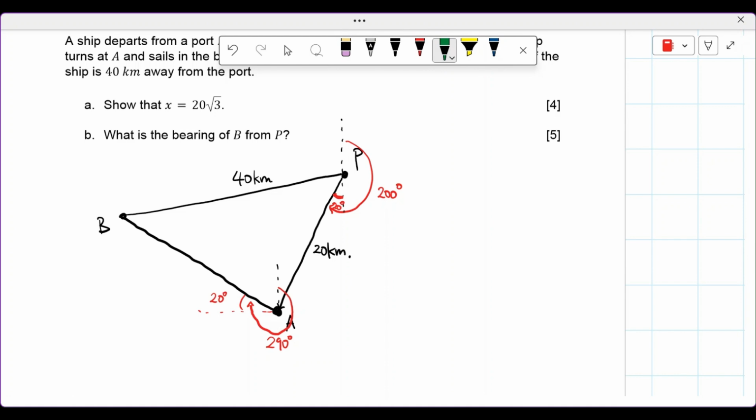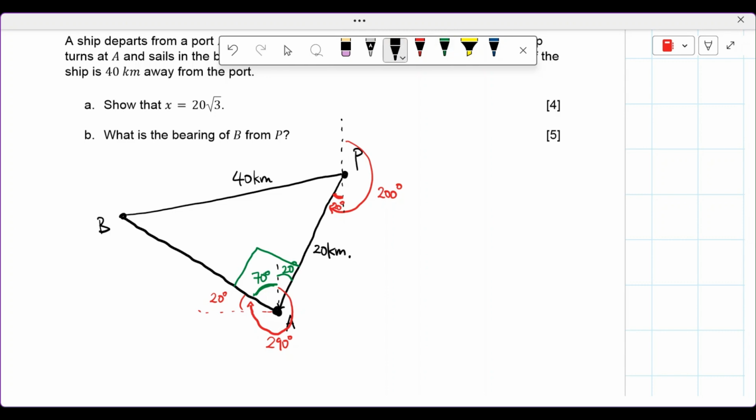So the counterpart here is going to be 90 minus 20, so that's 70 degrees here. And because of the two parallel lines and a line through them, this angle is also 20 degrees, which concludes that the angle BAP is equal to 90 degrees. It's a right angle triangle.